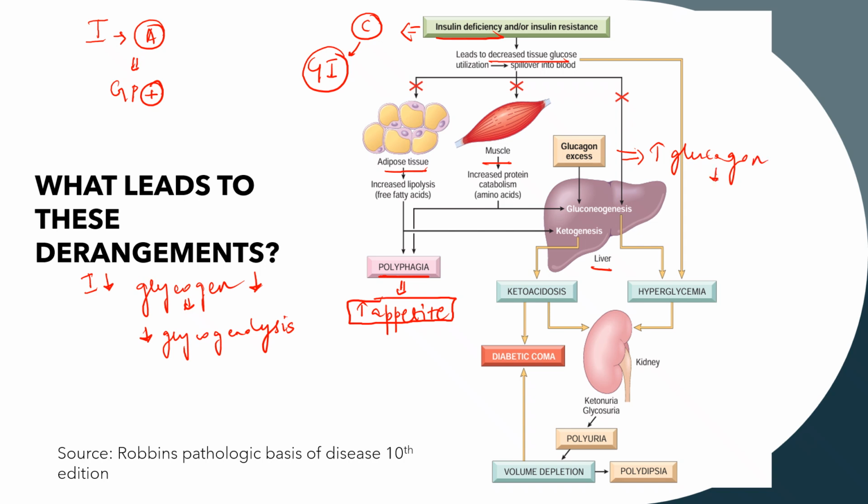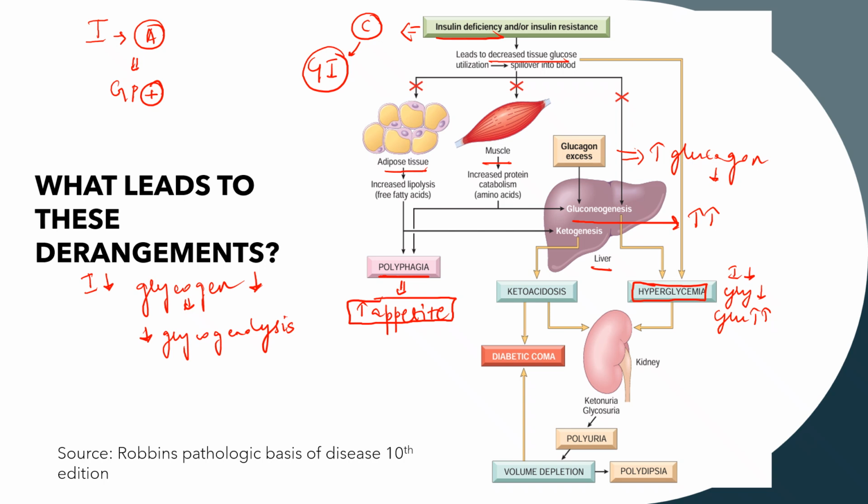Glucagon excess would lead to an increase in gluconeogenesis. Now, an increase in gluconeogenesis will then result in the condition called hyperglycemia. Insulin decrease, glycogen decrease and glucagon increase would lead to hyperglycemia.